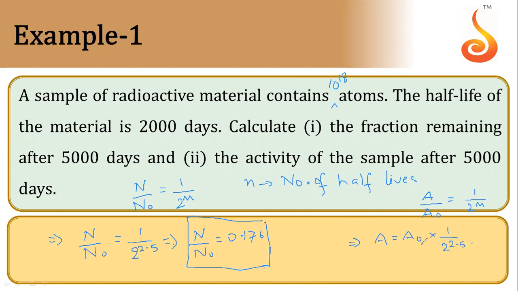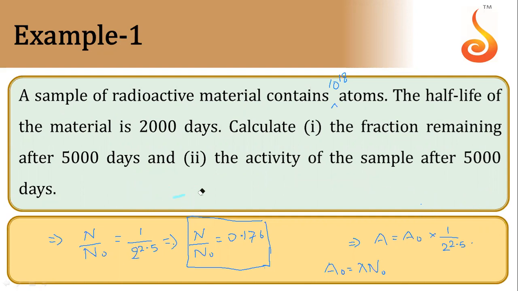We don't know the initial activity, but we can calculate it. The initial activity will be lambda times N naught. We know the value of N naught, but we don't know the value of lambda. So we need to calculate the value of lambda first.